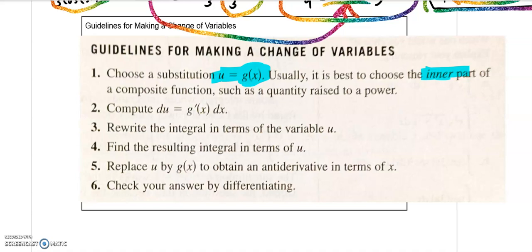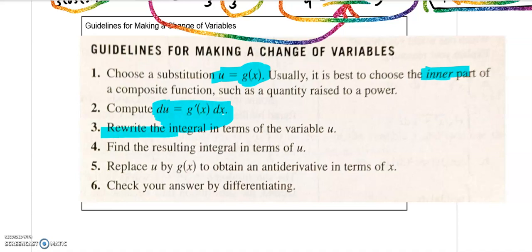I always put du over dx here, but it's the same thing, du, because you multiply each side by dx to get this. And a lot of times you want to solve for dx. Sometimes you'll see that that is a perfect substitution for what's already in there because it works out nicely. Just kind of depends on what you need to do.